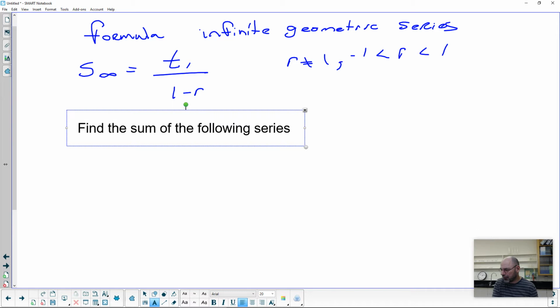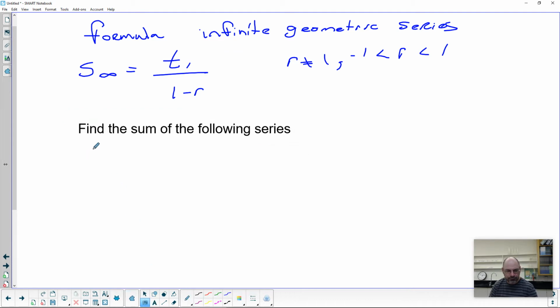I'm going to use my marker to write it down. So let's say that our first term is 1/2, and then 1/4, and then 1/8, and 1/16, and so forth.